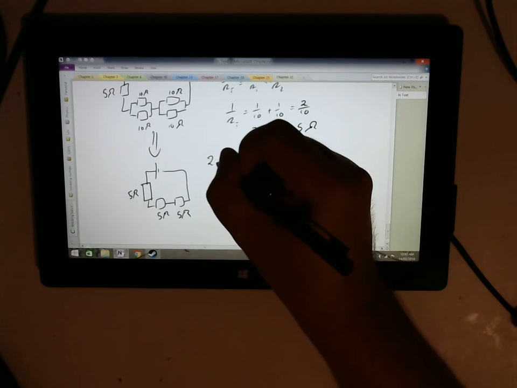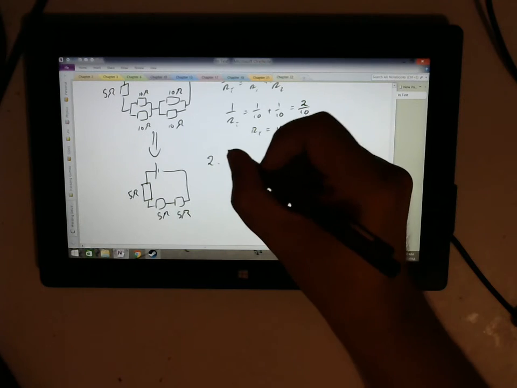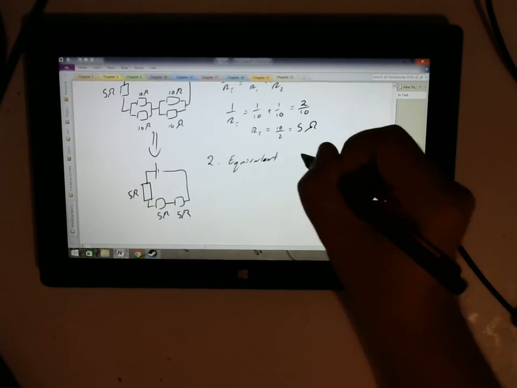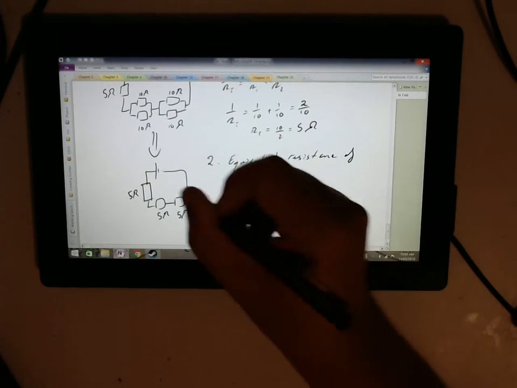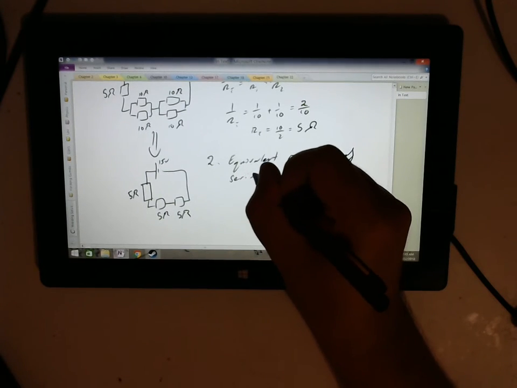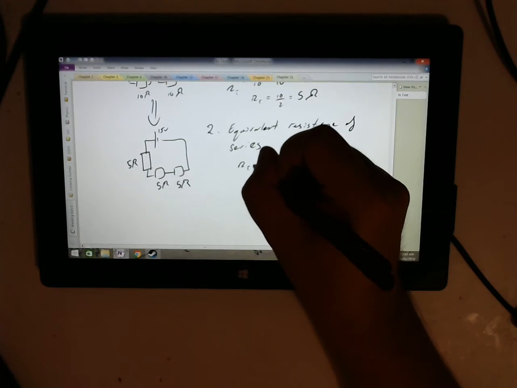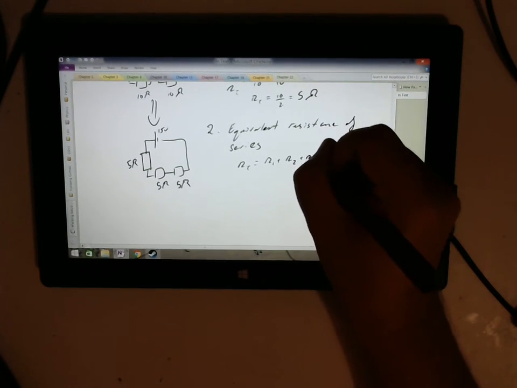Step 2, now we need to deal with these three. Good thing is they're all in series now, so equivalent resistance of series. And if we draw that, well, we're going to have RT equals R1 plus R2 plus R3.